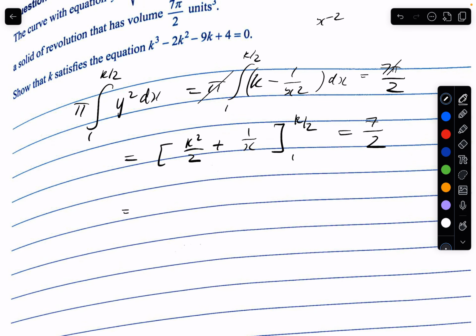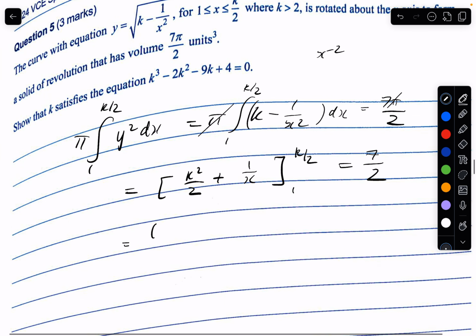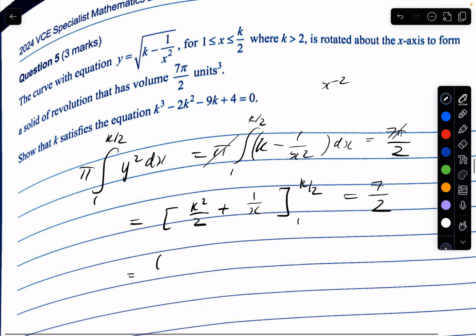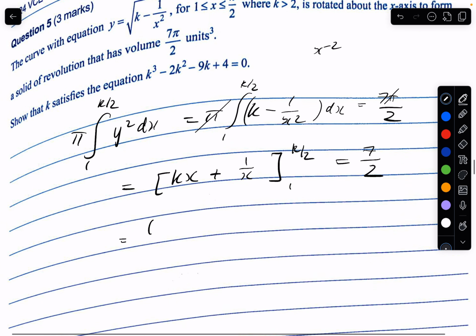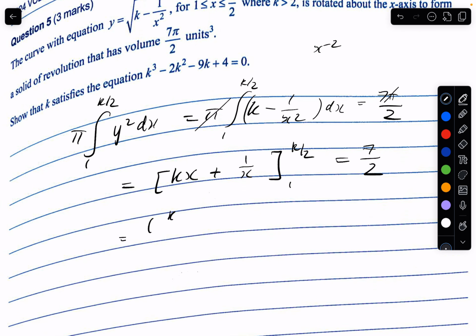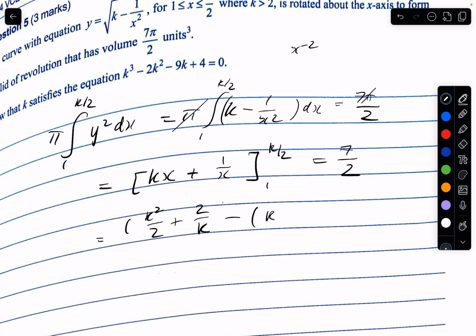And then that will be k, oh my god, this is just a constant, so that will become k. Okay, so that would be k squared on 2 plus 2 on k minus k minus 1 is equal to 7 over 2.